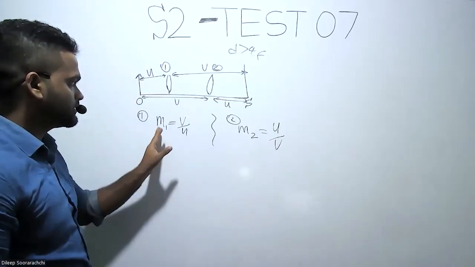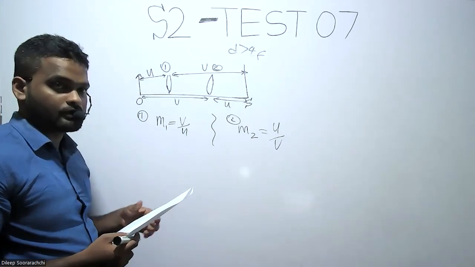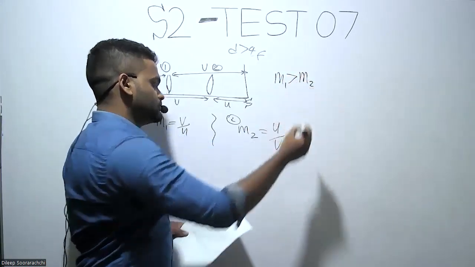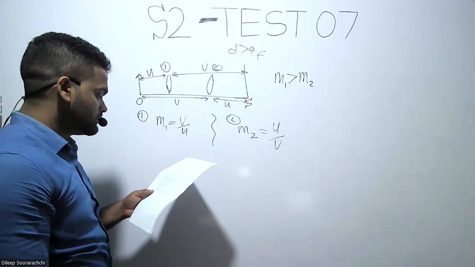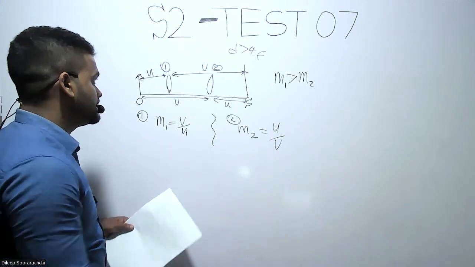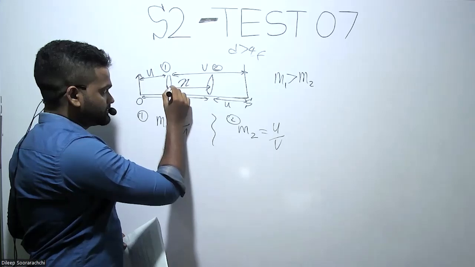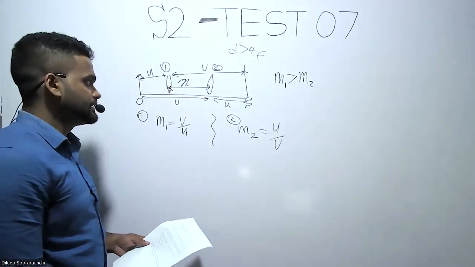So we got two equations here, v over u and u over v. And further they have given m1 greater than m2. The distance between the lenses is given as x. So those are the details here.